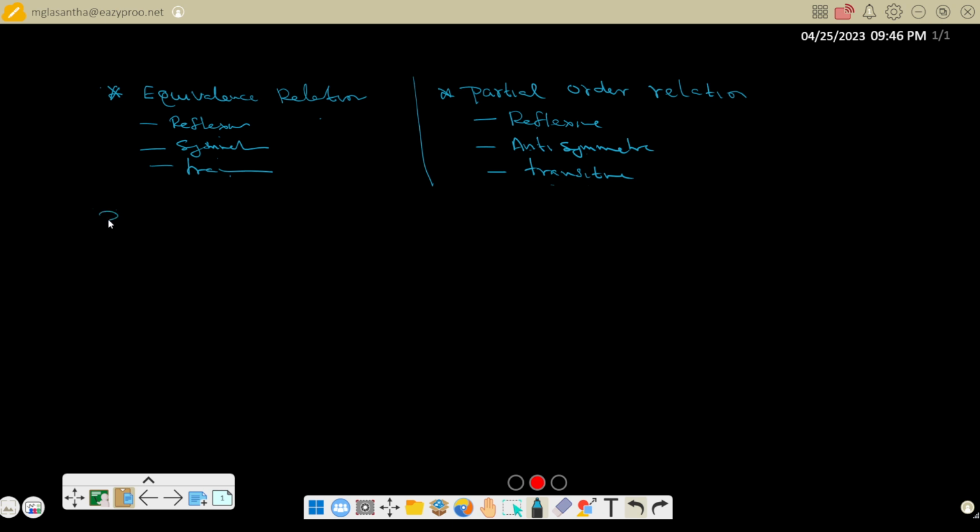The parent sets you can take as real number sets, or set of integers, or finite set.